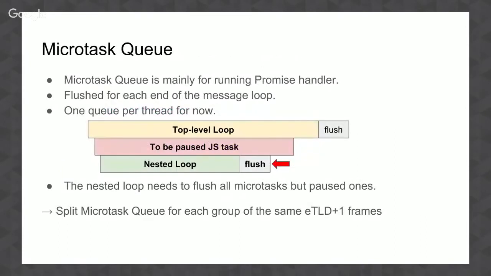Another thing is the microtask queue. The microtask queue is mainly for running promise handlers. The function that is passed to the promise then is queued to the microtask queue when the promise is resolved, and that is flushed at the end of each message loop task. Currently we have a single queue per thread for all frames.